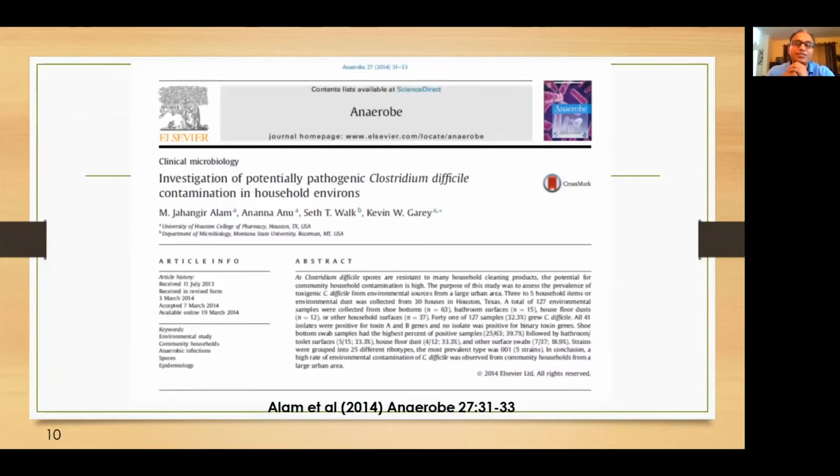Now I want to introduce our first study on environmental aspects of Clostridium difficile. That study was published in 2014, and it was the first environmental study we started in Houston with our group. The objective was to find the environmental contamination level in our house environment.